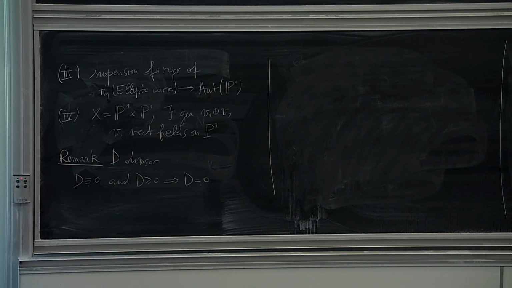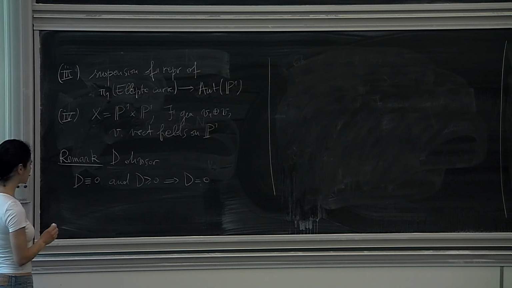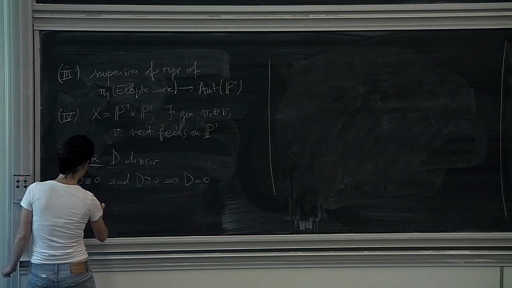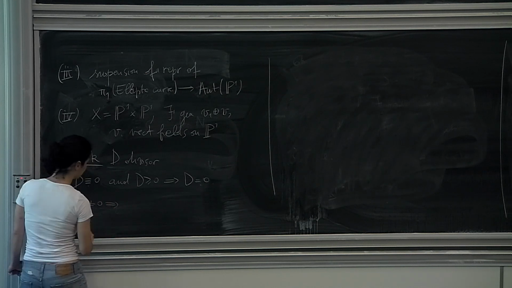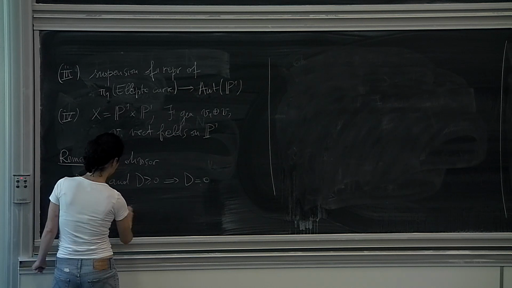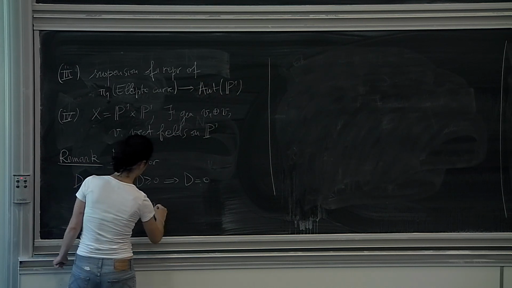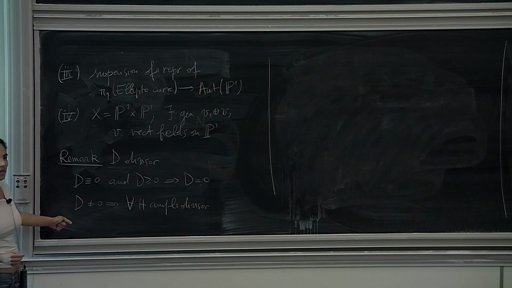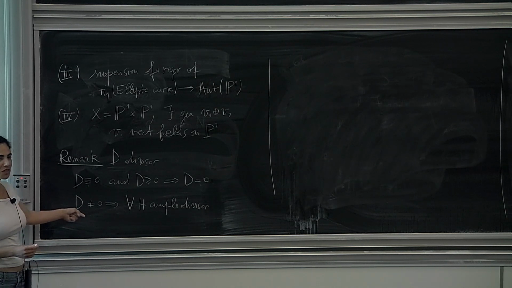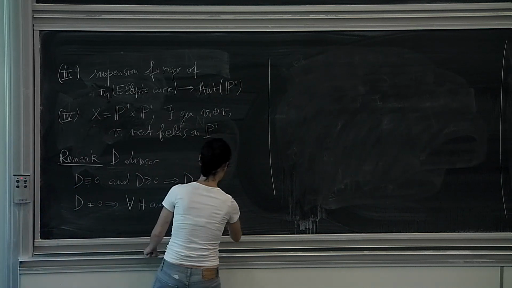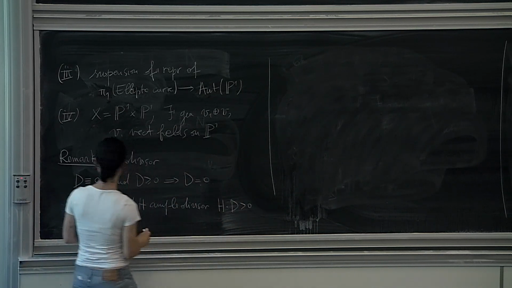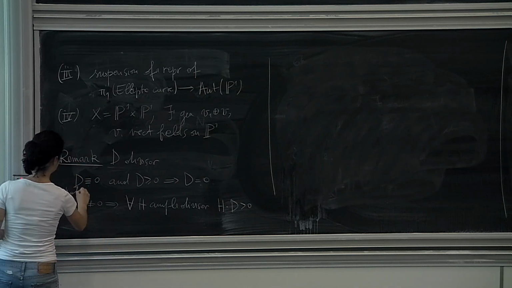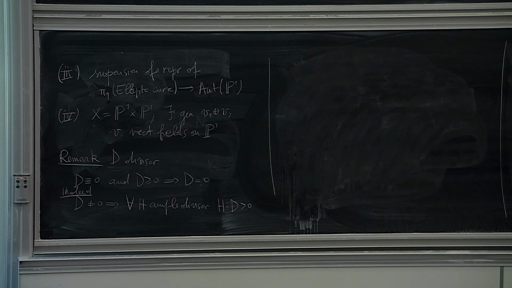Okay? This is probably one of the main ingredients of the proof, and that's because if D is not 0, then for any ample divisor H will have positive degree on the non-zero component of D. So D cannot be numerically 0.